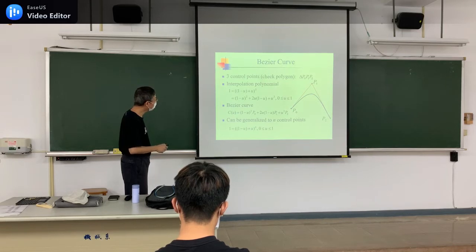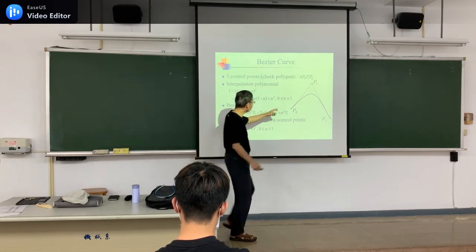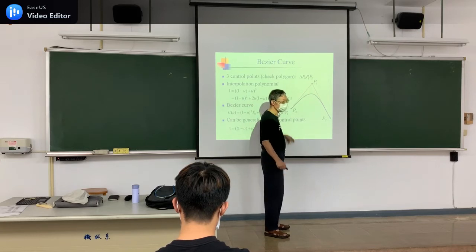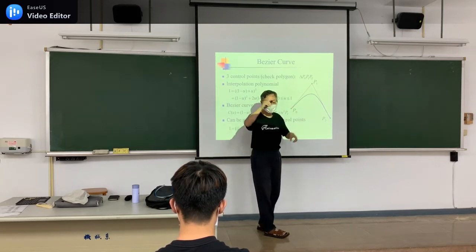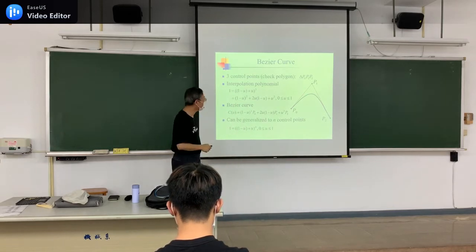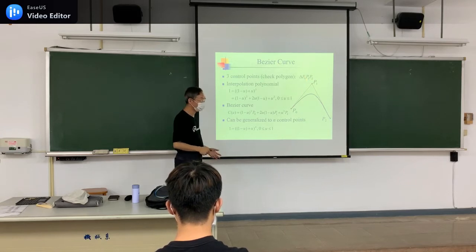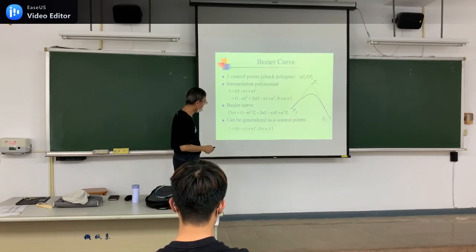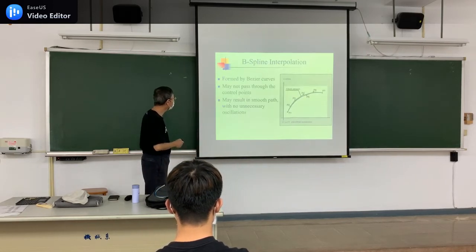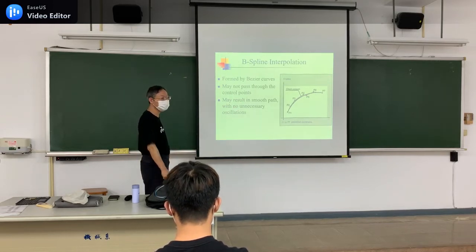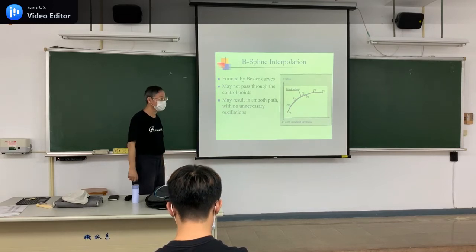It will always be inside the check polygon, so it's smooth. It will not have acceleration unless your control points have high acceleration. If your control points have high acceleration, then the resulting curve will also have acceleration. Otherwise, it will not have unnecessary acceleration. Okay?